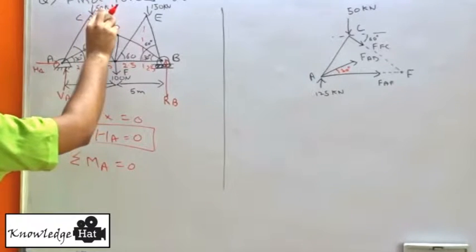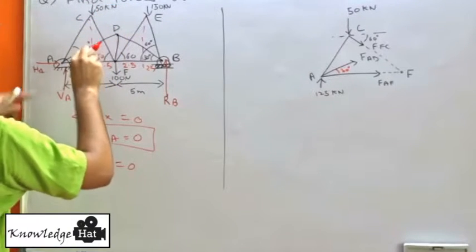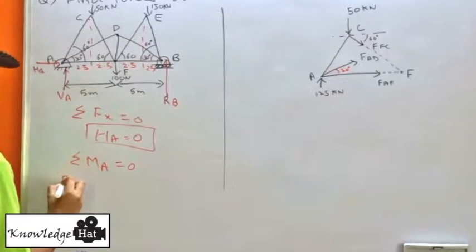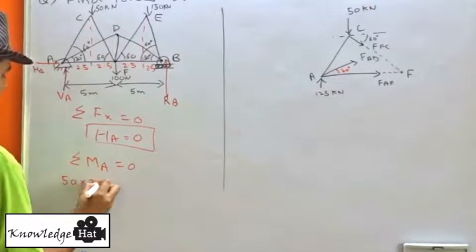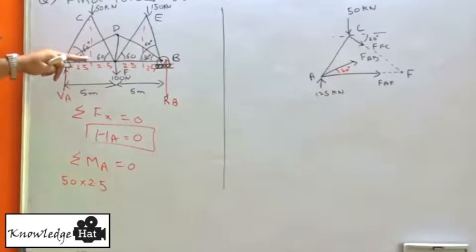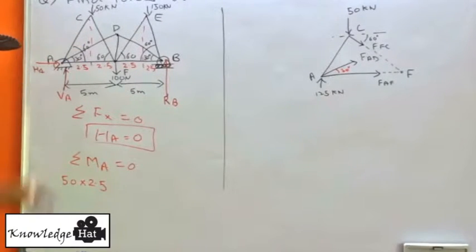The first force is of 50 kilonewtons at a distance of 2.5 meters. So it is 50 into 2.5. But since this force will cause a moment in clockwise direction, we take it as negative. So we take minus 50.